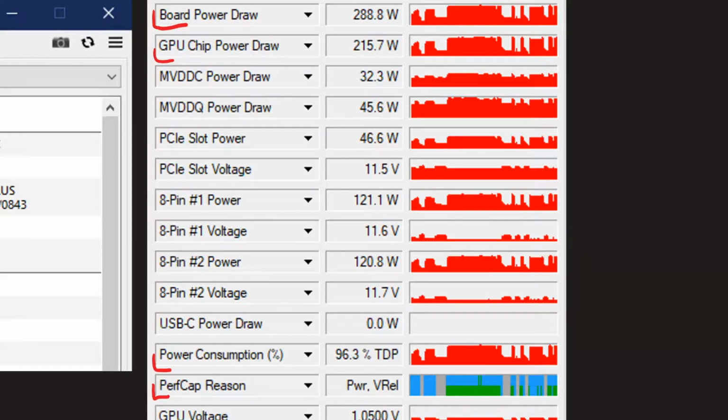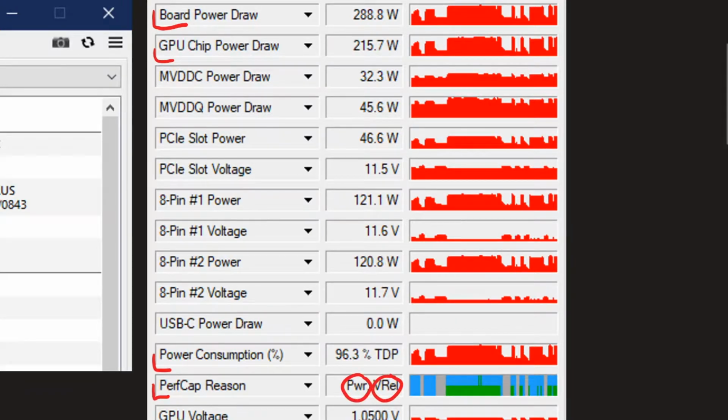So for board power draw, that's at the top, that's the metric you want to look at, because that's the total power consumption of the entire graphics card. And you can see where I took the screenshot, I was pretty close to max, because I took this at stock, so I had the 300 watt wall. And you can also see we're at 96.3%, and actually it says here PWR, which means we do hit the power limit. Because perfcap reason gives you the reason why the GPU boost algorithm won't give you a higher clock. And the reasons are power and VREL.